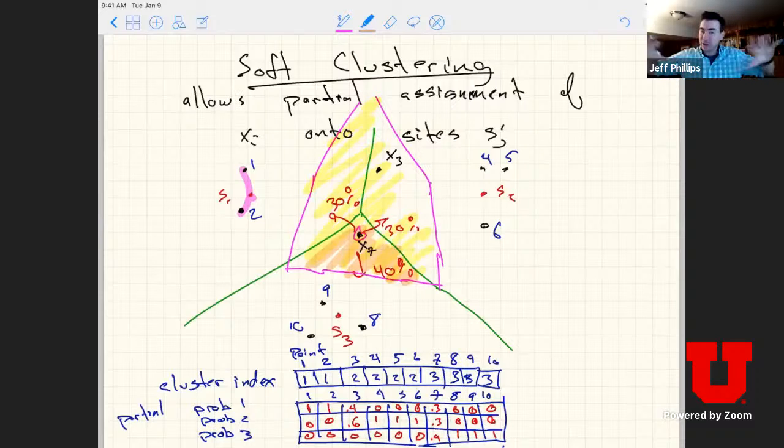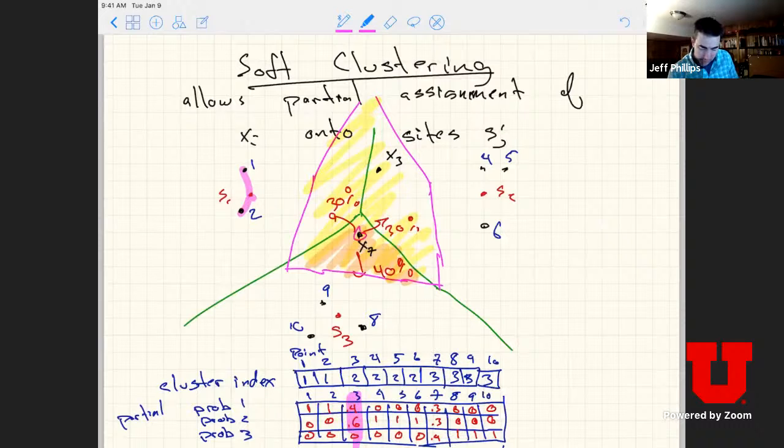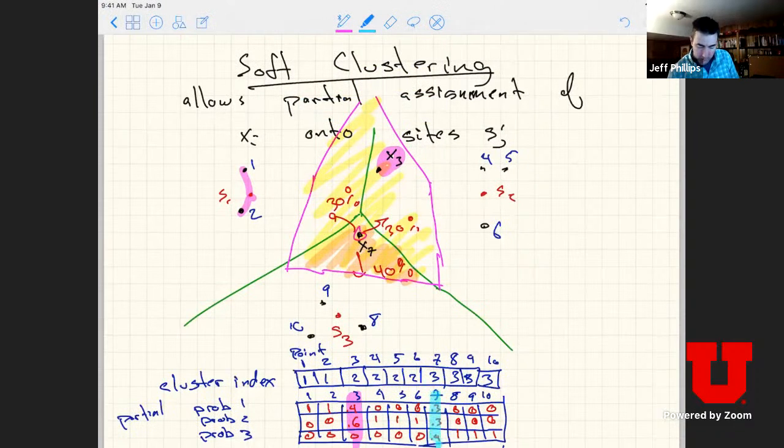If I don't want to completely partition my data, then I can do a soft clustering and do a partial assignment of each point. The interesting ones here are point 3, which is partially assigned to these 2 points, and point 7 here, which is partially assigned to all 3 of the points.